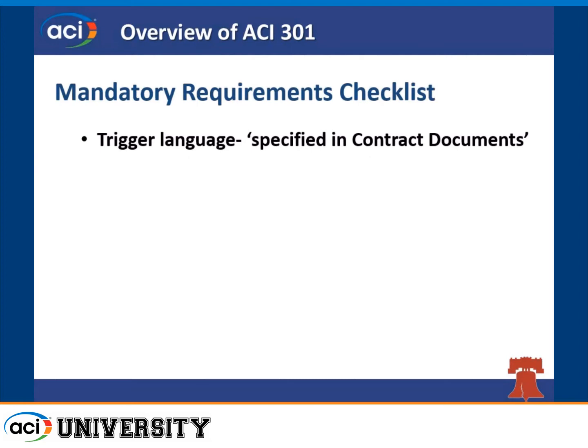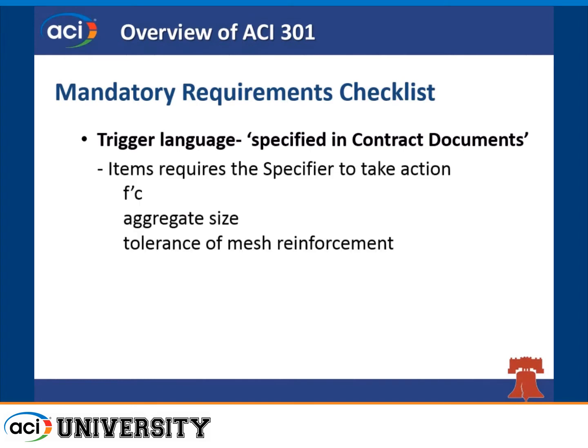But it's really the trigger language is how we use 301, and Nick's going to cover that in more detail, but an example would be "as specified in the contract documents." Well, if it says that, then the specifier must declare something. One of the most common things that the specifier does is say how strong the concrete is going to be. So f'c is an example. It might be maximum size of aggregate. It might be tolerances on something like the reinforcement, whether you're using welded wire fabric or you have rebar tolerances as well.